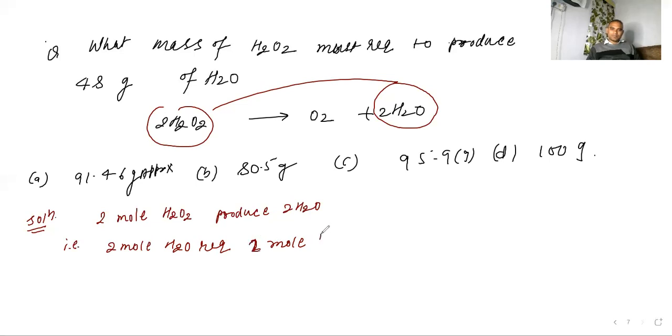So the number of moles is given mass over molar mass. You get number of moles equal to 48 grams over the molar mass of H2O, from the periodic table, 2 plus 16, yeah, 18.